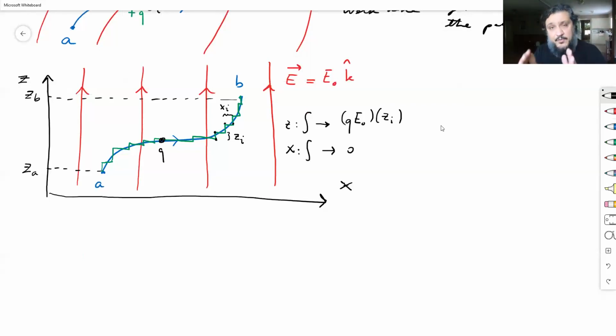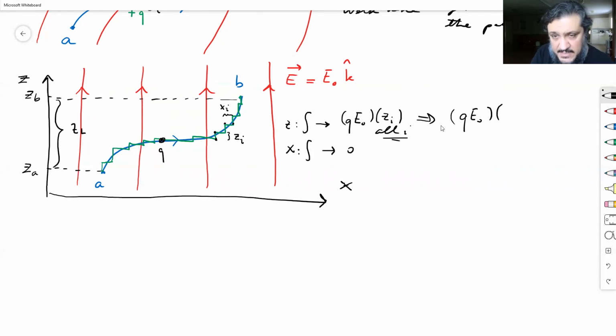If you add them up, what do you get? You get this. Keep doing it for all i, and you get pretty much QE times this length, that is ZB minus ZA. So that is the work done by this electric field, therefore the force.